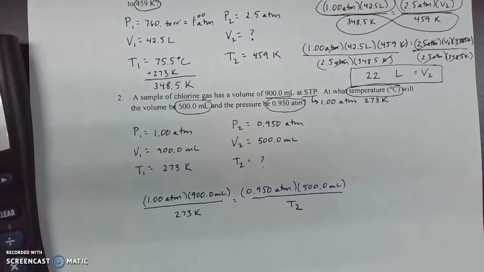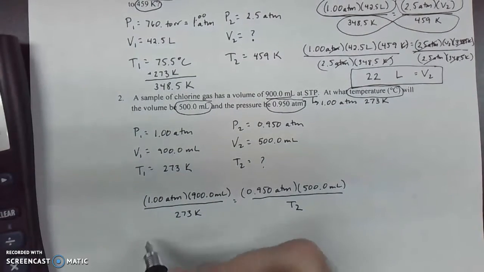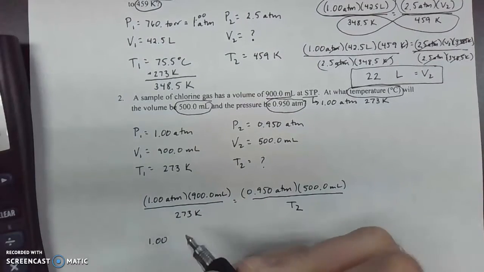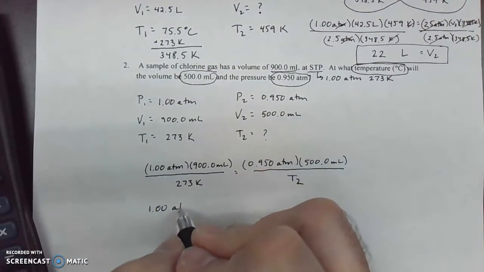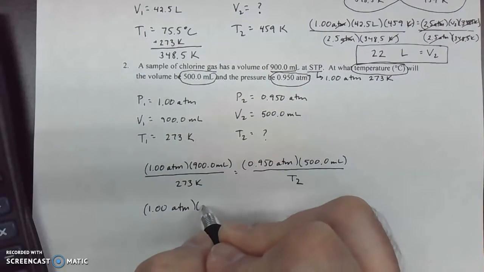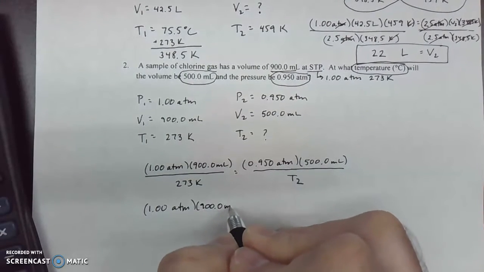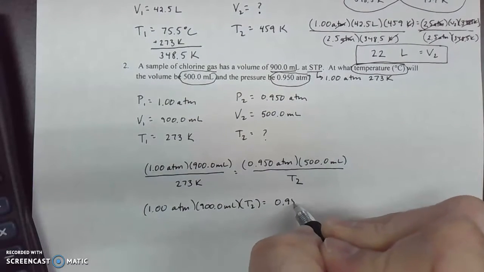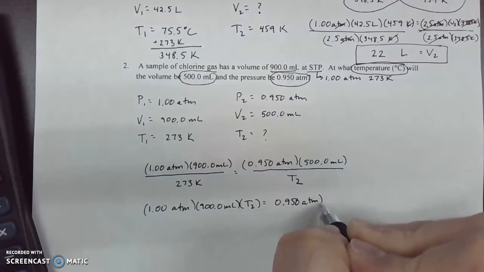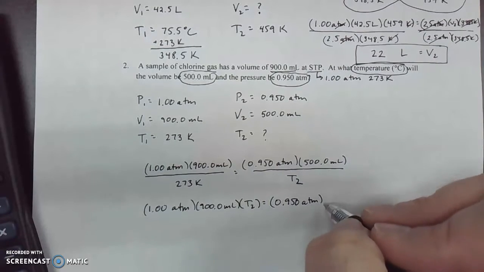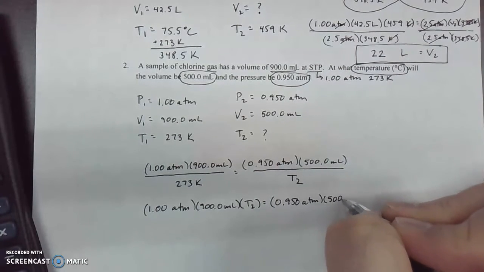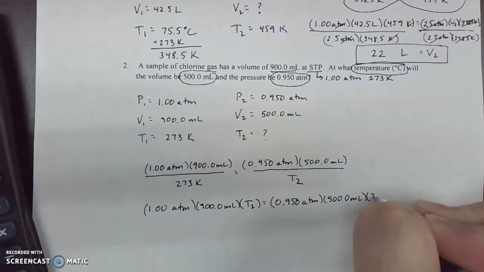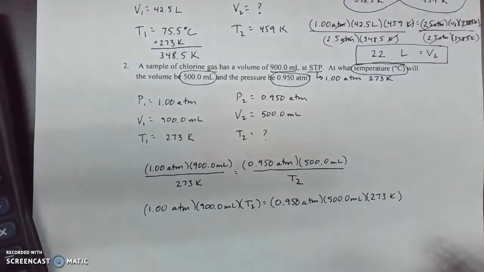Then I can cross multiply these to get rid of the fraction. So 1.00 atmospheres times 900.0 milliliters times T2 is equal to 0.950 atmospheres times 500.0 milliliters times 273 Kelvin.